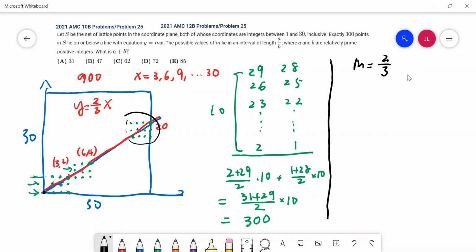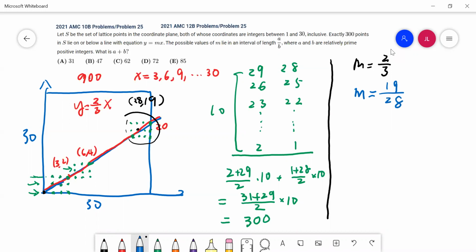So that's all the way through this line. When this angle is very small, it's going to touch this point without touching any other points. This point is actually (28, 19). So that's going to be the upper boundary, m equals 19 over 28.